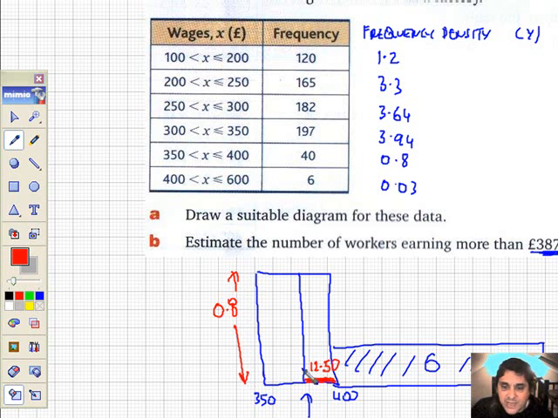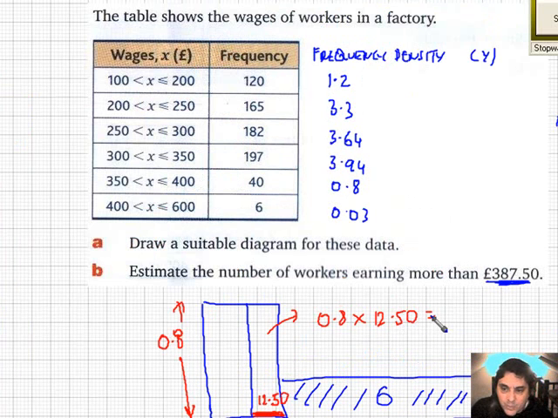So that's 0.8. So if I've got 0.8 multiplied by 12.5, let's just do a quick sum here. So 0.8 multiplied by £12.50 would give me how many people? Let's just do that quickly. So 0.8 times 12.5 equals, that's exactly 10 people.